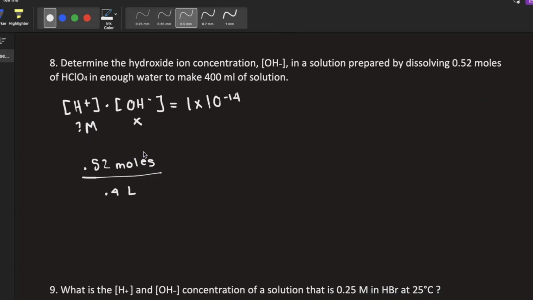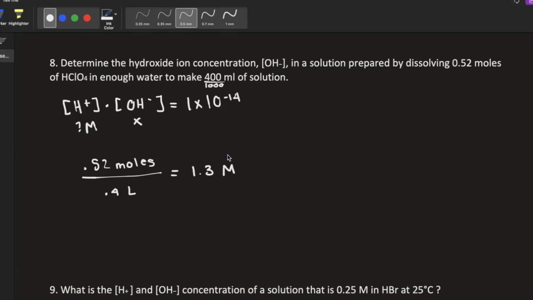Remember that molarity is moles divided by liters. To find liters from 400 milliliters, we just divide this number by 1,000. So now we can calculate that, and it's going to give us 1.3 molar.